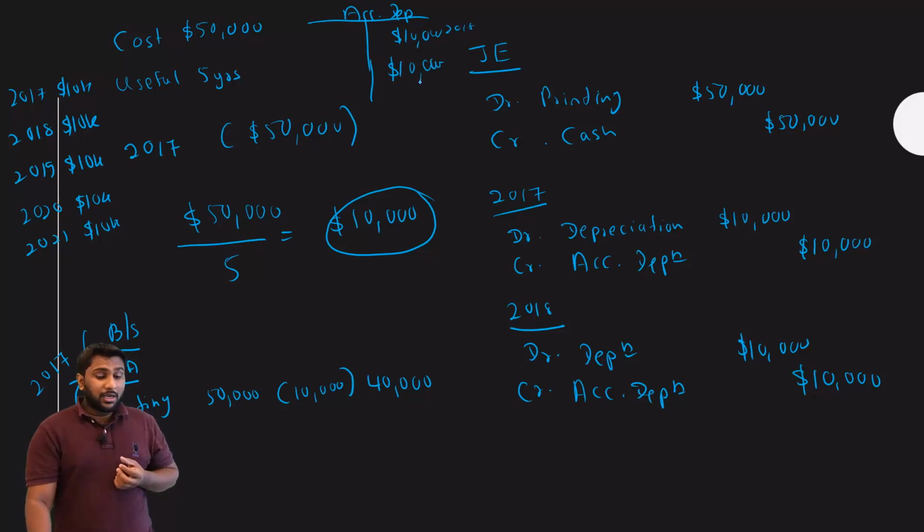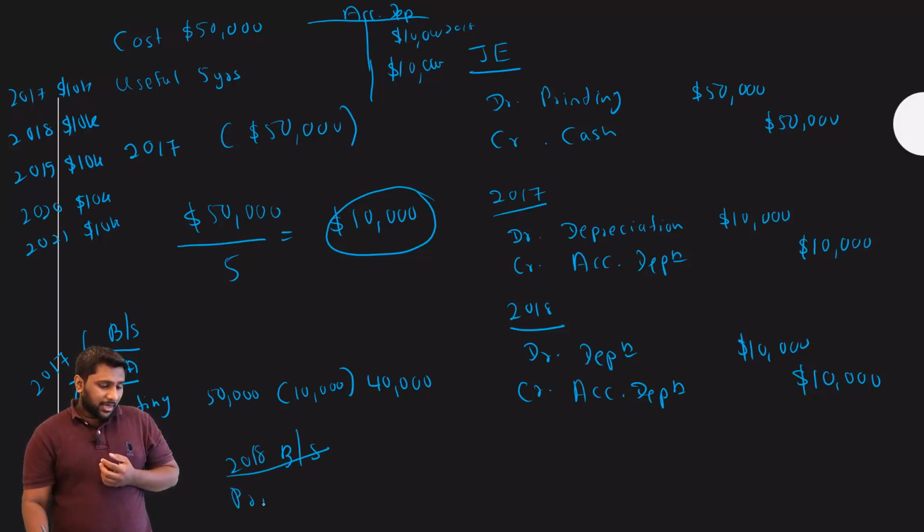So in total, in your accumulated depreciation account end of the year 2018, how much is there? 20,000 is there.